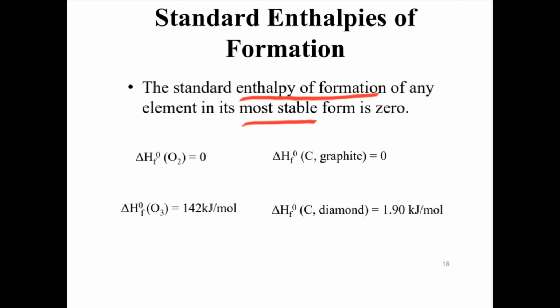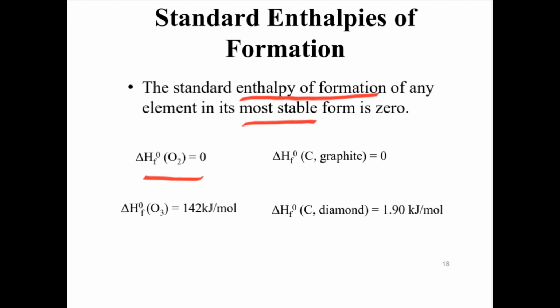As we said earlier, the standard state of a substance is the most stable form at 25 degrees Celsius and atmospheric pressure of 1 atmosphere. So the standard enthalpy of formation of any element is 0.